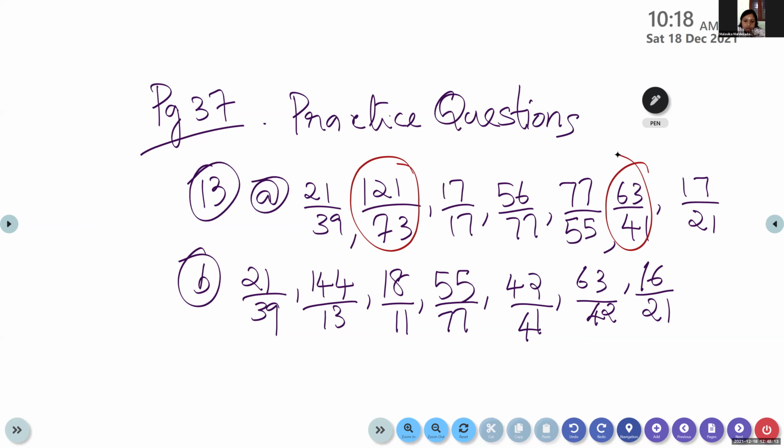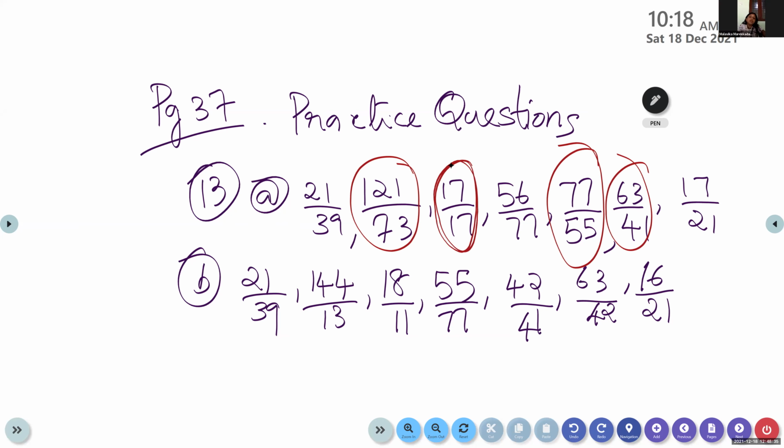Ma'am, then no. Finished. You said only two? No, 77 by 55. Okay, is there any more? 17 by 17. Yes, children, even if the numerator and denominator are the same, it is still considered improper.